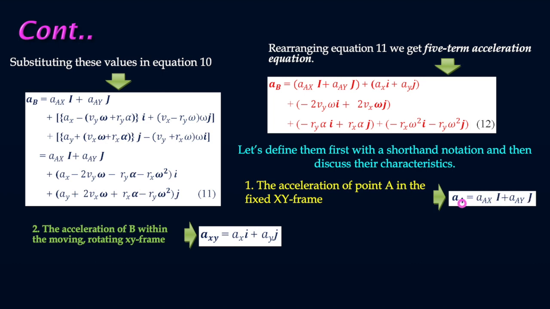So this is the acceleration of point A with respect to the fixed reference system, whereas this is the acceleration of B with respect to the moving reference system, or this is the acceleration of point B with respect to A.